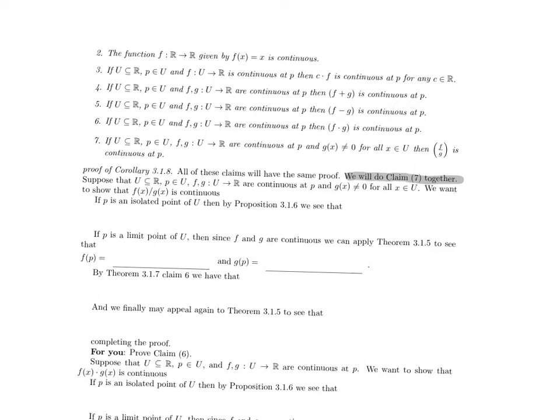So I know things about limits, and I know limits have something to do with continuity. Namely, I know two things. This is off to the side, from the previous lecture also.